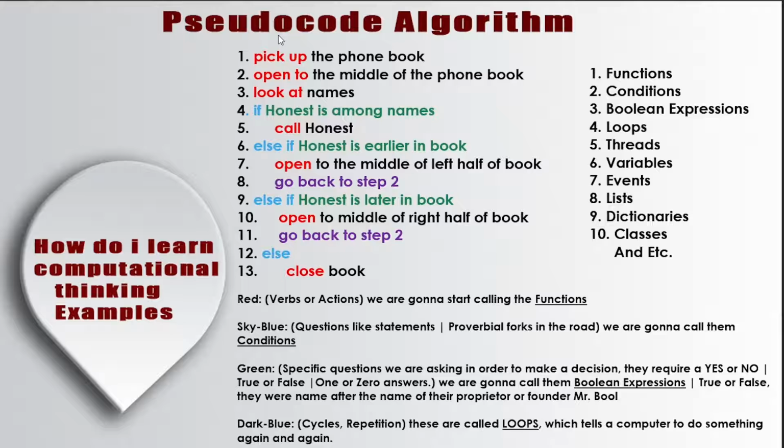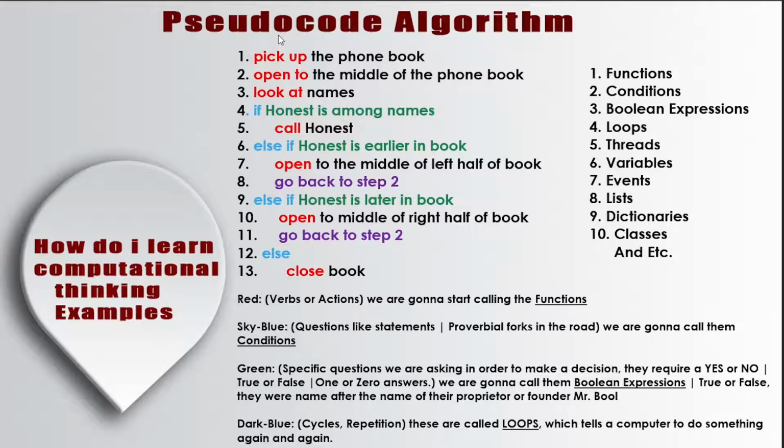But what if honest is not among the names? Then we have another condition. Else, if honest is earlier in the book, open to the middle of the left half of the book. So you are going backwards in the book. Else, if... these are conditional statements.